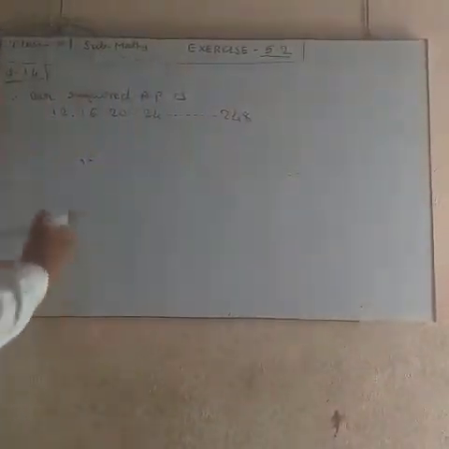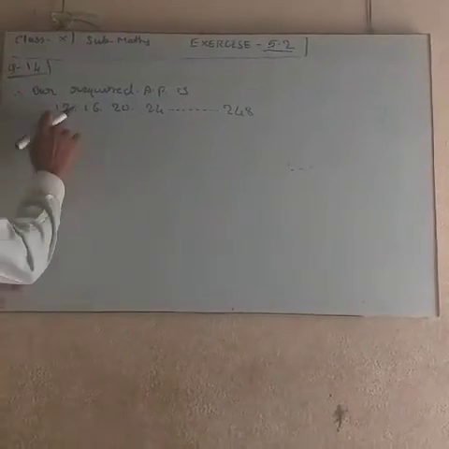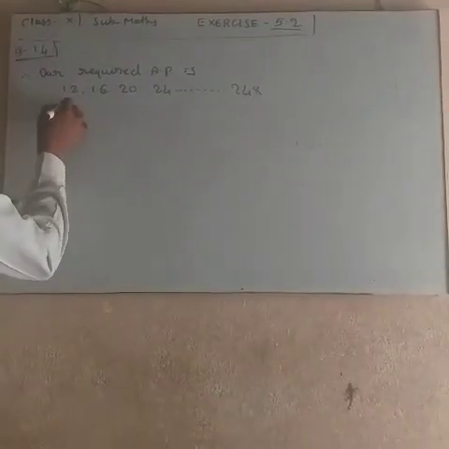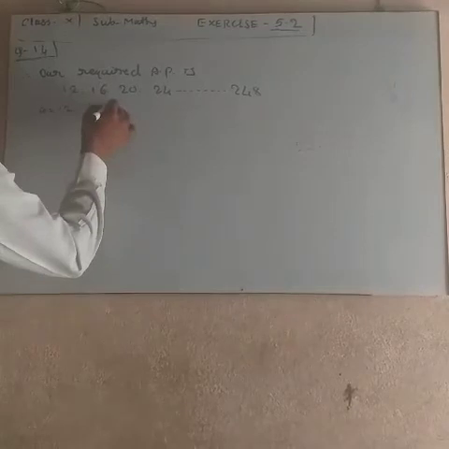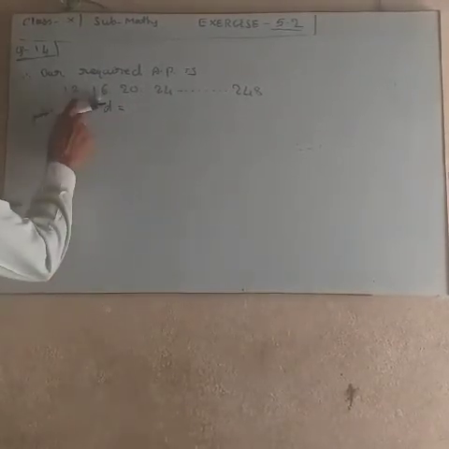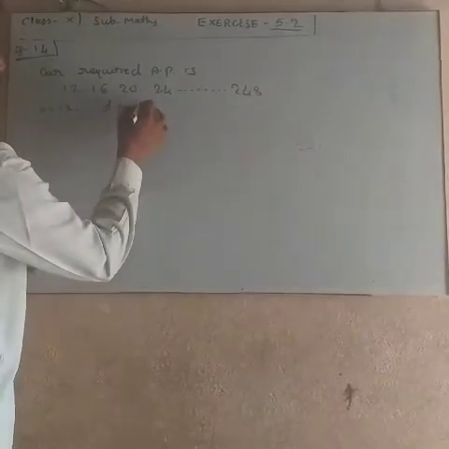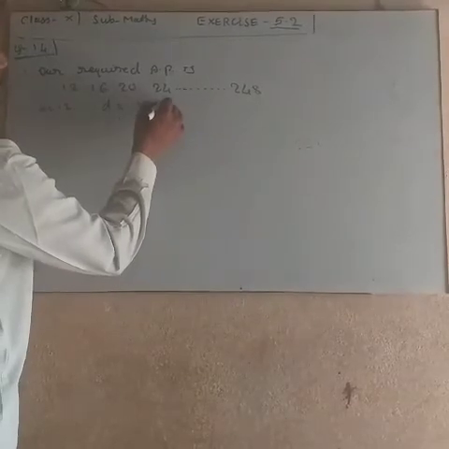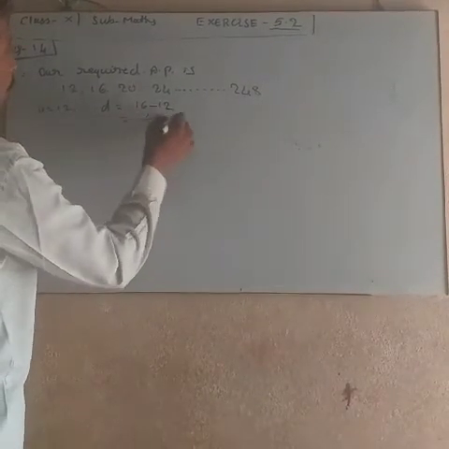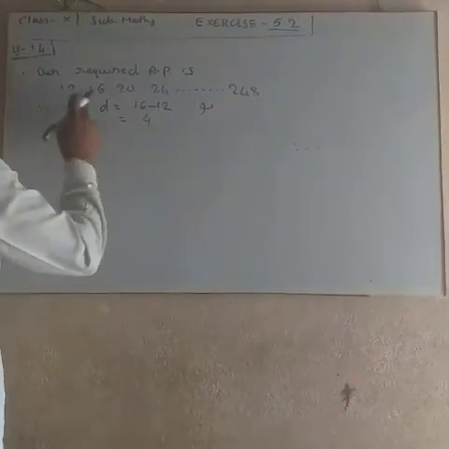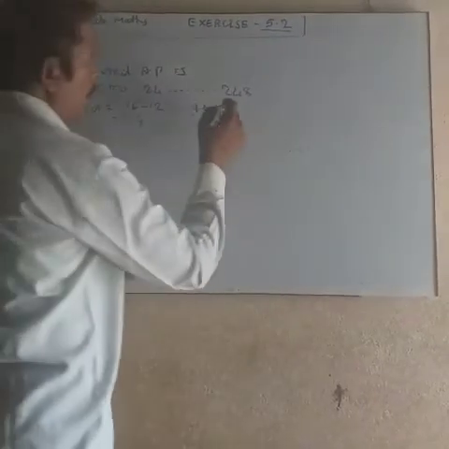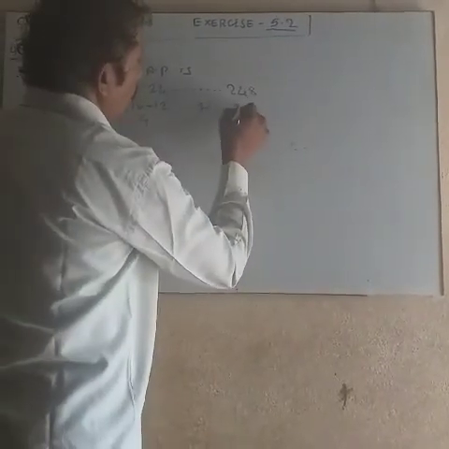Now this is the first number in the AP. A is equal to 12. D is the common difference, A2 minus A1. D is equal to 16 minus 12, that is equal to 4. And the last number in our AP is 248. It is AN.